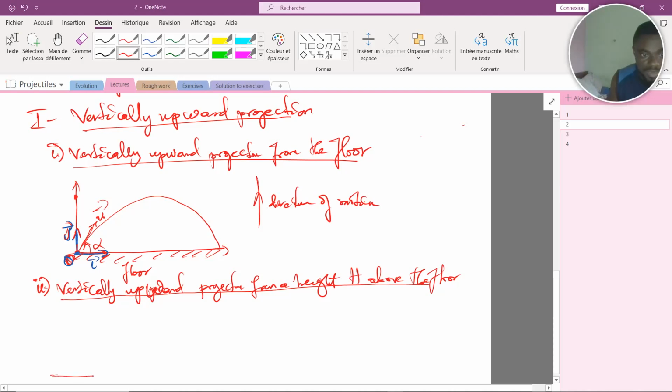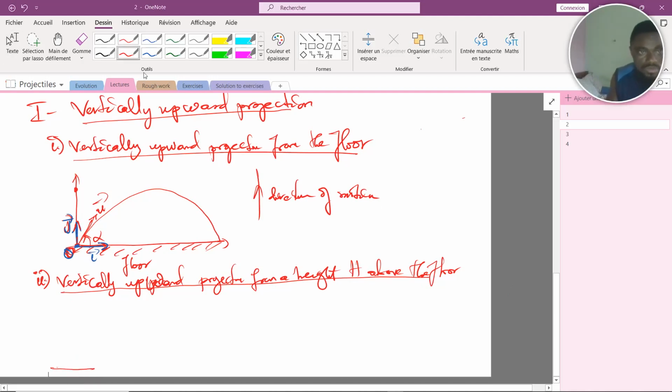So this is my floor. Let me wipe this. So this is my floor. The particle is projected at a certain height h.